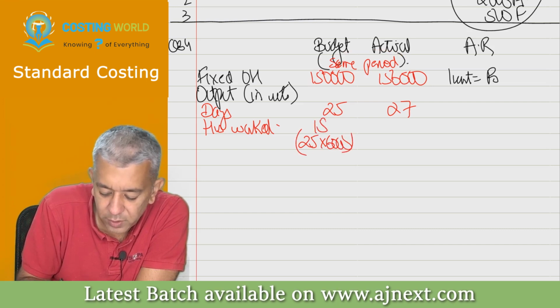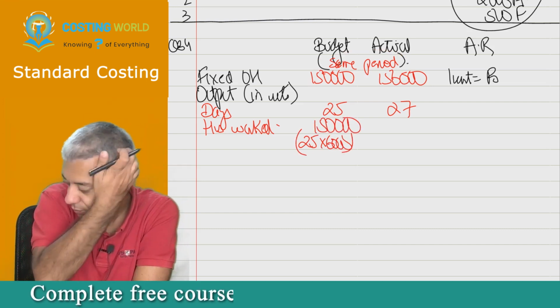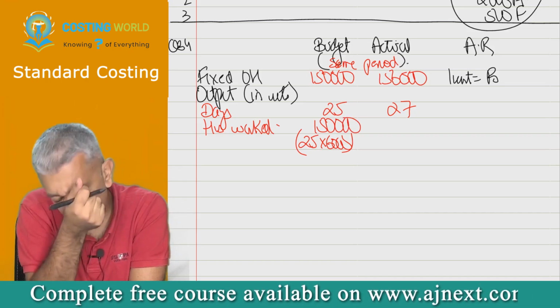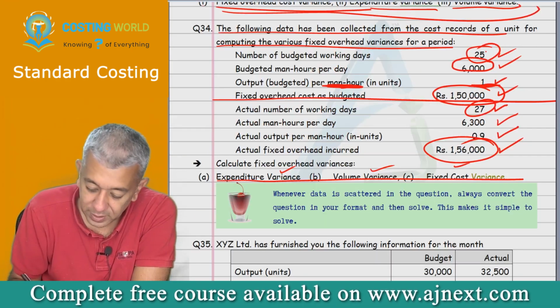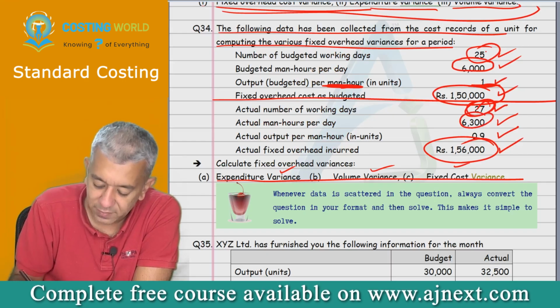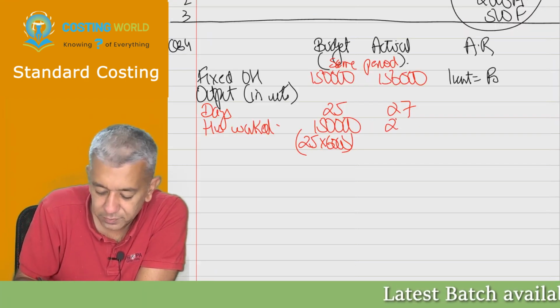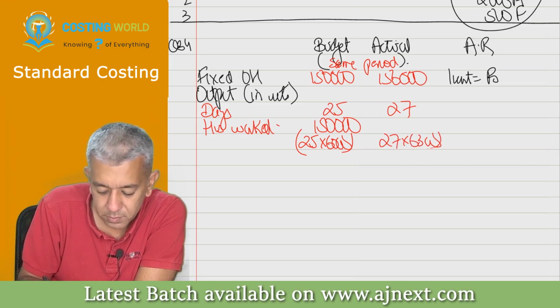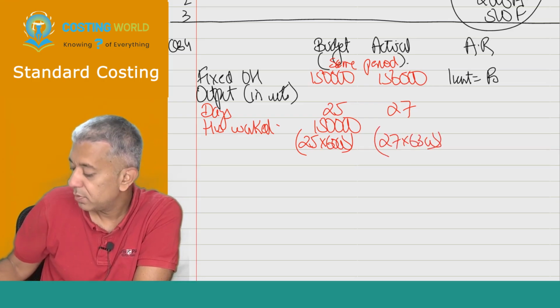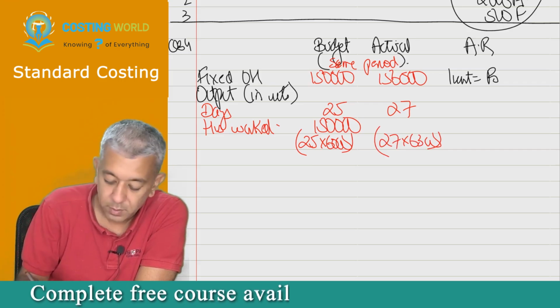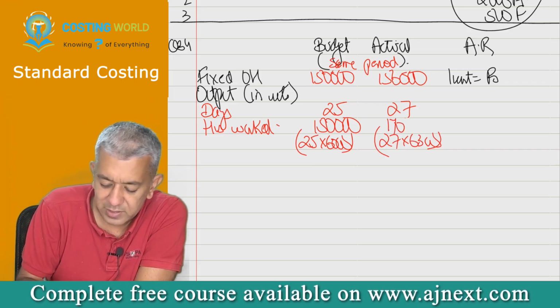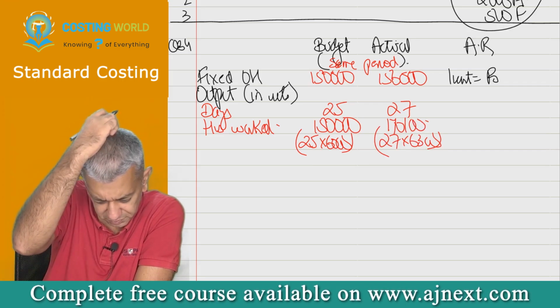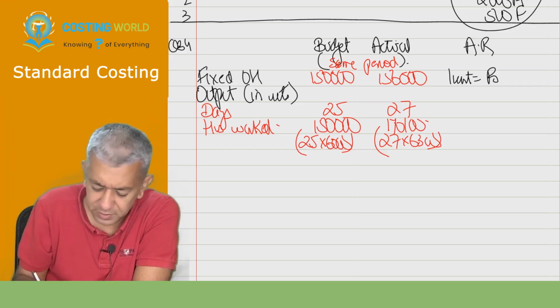Okay, so write down over here 1,50,000. In reality, it was 27 into 6,300. 1,70,100, no? Yes.